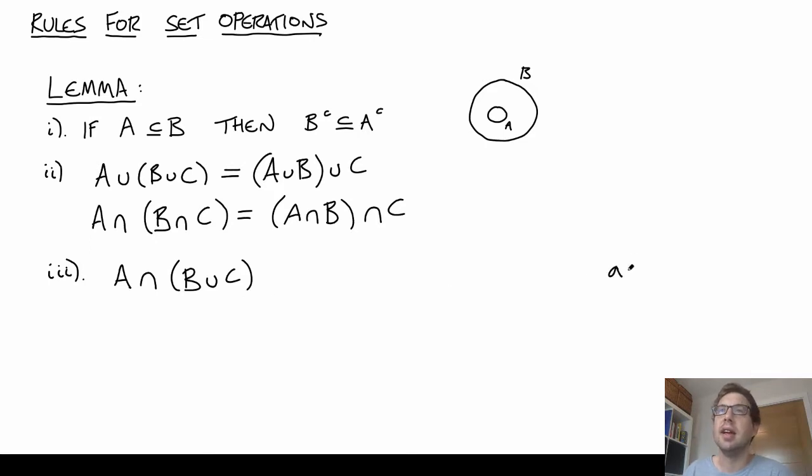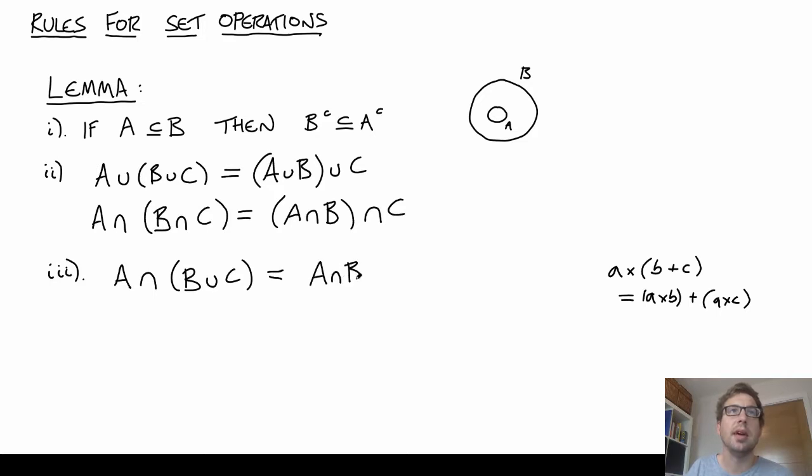So if I had A times B plus C, then that's the same as A times B plus A times C. And it's the same with intersection and union here. I can expand it out in the same way I would normally with multiplication and addition. That's A intersection B union A intersection C.